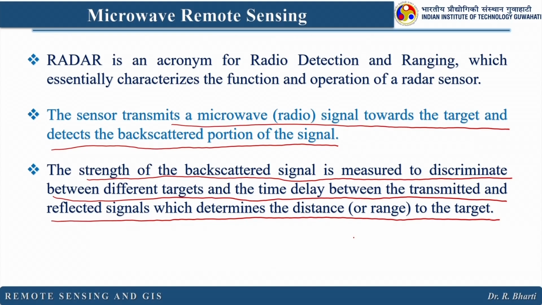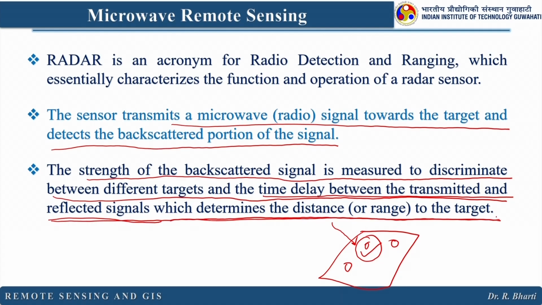So that will define whether this material is situated here, here, here, depending upon their time, right. So depending upon their location, they may receive the energy or the illumination in the first or maybe second and third, and depending upon the time delay between the transmitted and reflected signals, which determines the distance to the target.